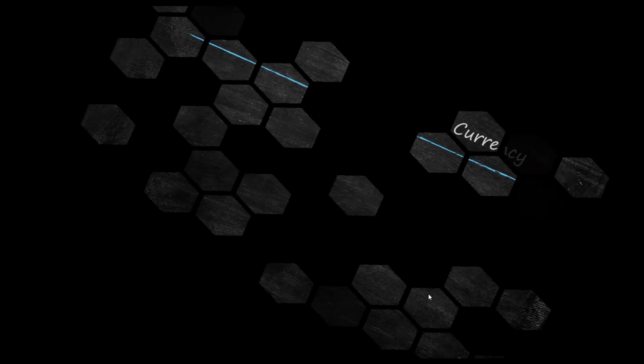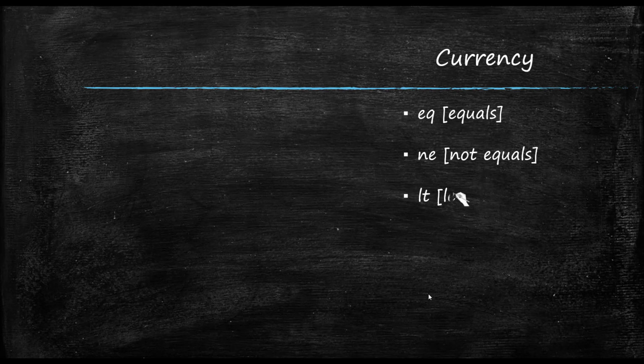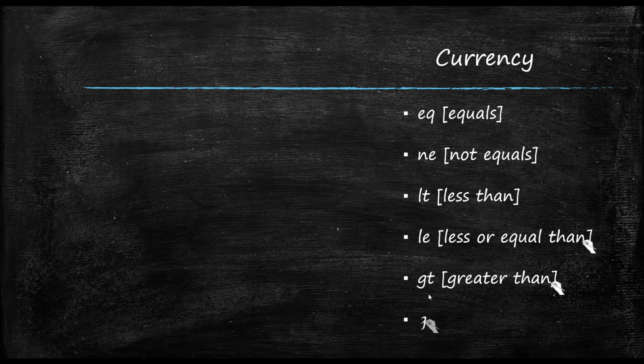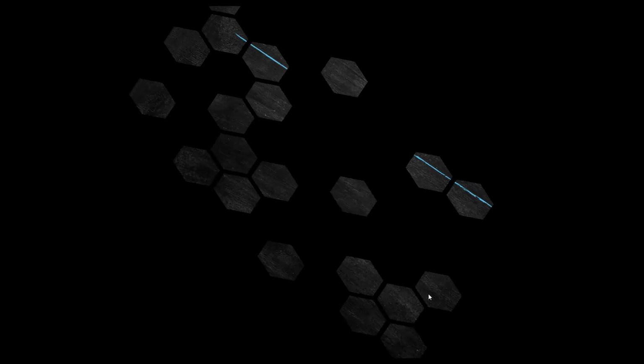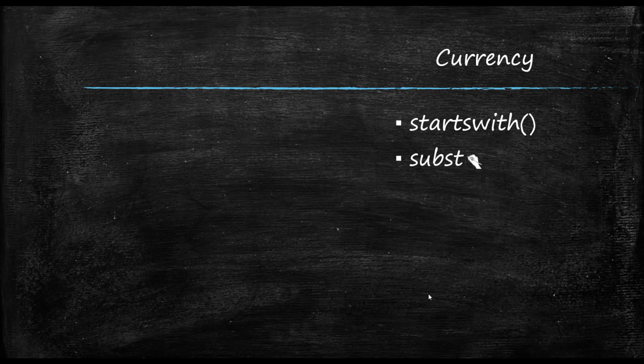The currency column is also very similar to the number column, and it's going to give you all those different parameters that you can use. So you can use equals to, not equal to, less than equals to, greater than equals to. These are similar to what you have with number, but with the currency column you will also get a few more. So now you can also have starts with and the substring of. So the currency column is providing you the maximum number of operators that you can use.